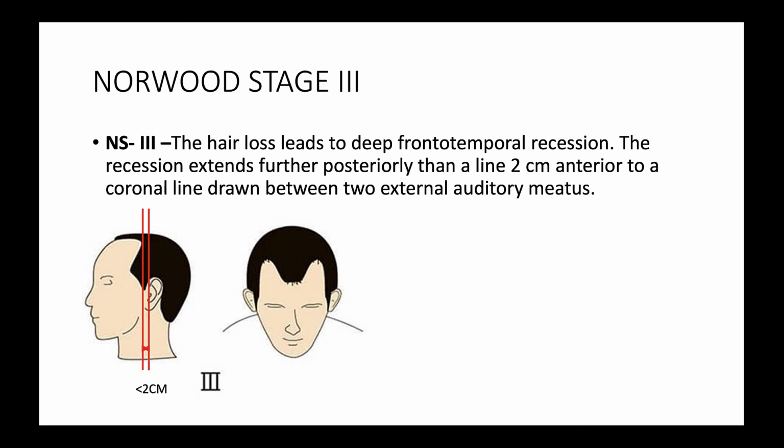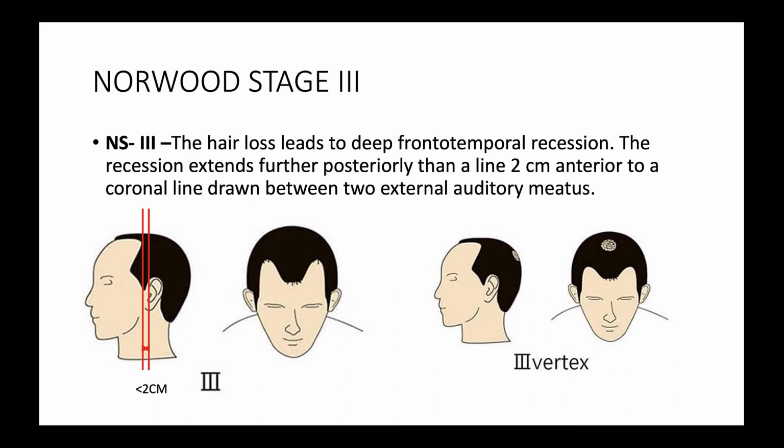But if this distance between the deepest portion of the frontotemporal angle and the external auditory meatus is less than 2 centimeter, then it is grade 3. But grade 3 vertex can also be there, in which there can be loss in the vertex area.